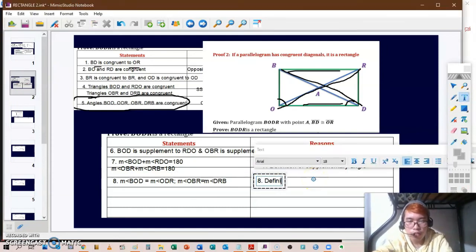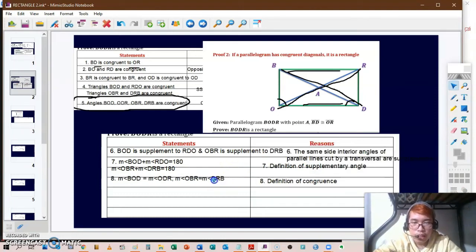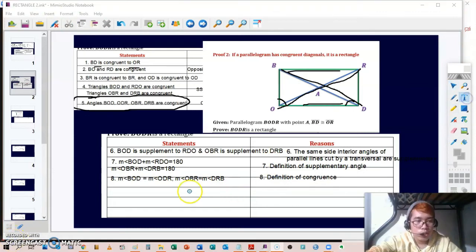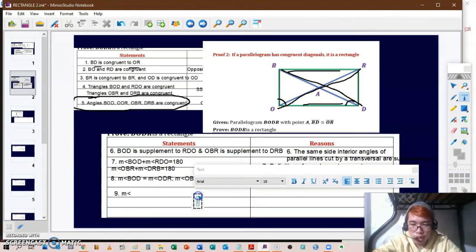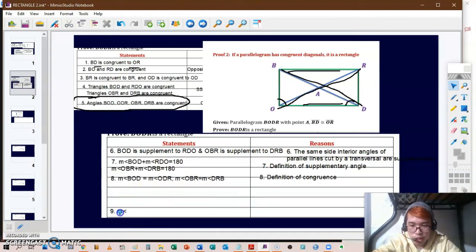Now that we have established that, we can use the substitution property of equality here for number 9. I'm going to write it at the bottom so you can see it at the top.